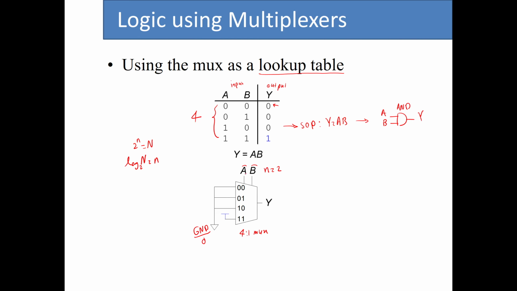What about when A, B are 0, 1? The second row. In this case, the 0, 1 input of the multiplexer will be selected. Again, since the output should be 0, we connect that one to the ground as well.